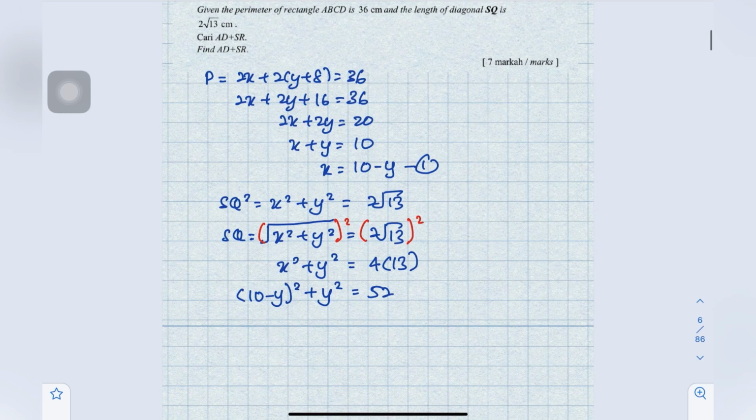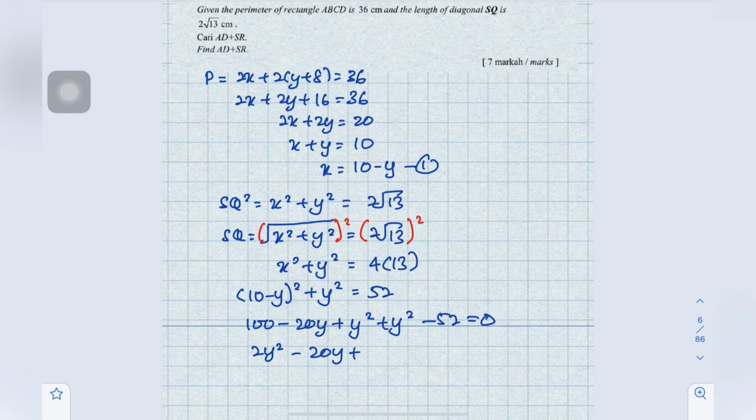So this one is 100 minus 20y plus y squared plus y squared minus 169 equals to 0. Okay, so we simplify, become 2y squared minus 20y plus 48 equals to 0.